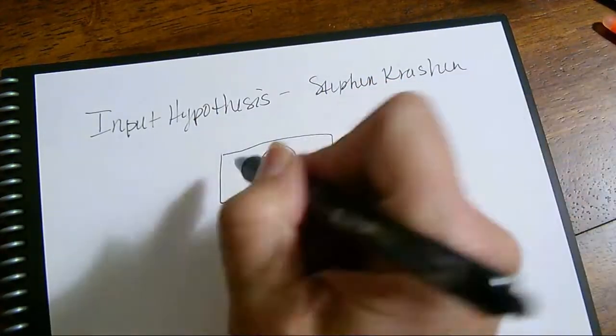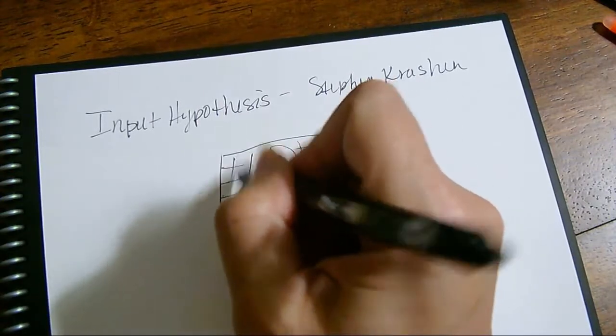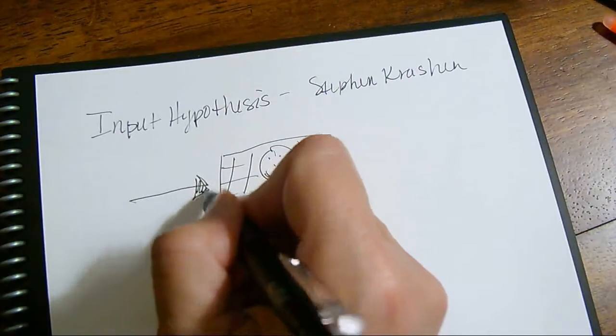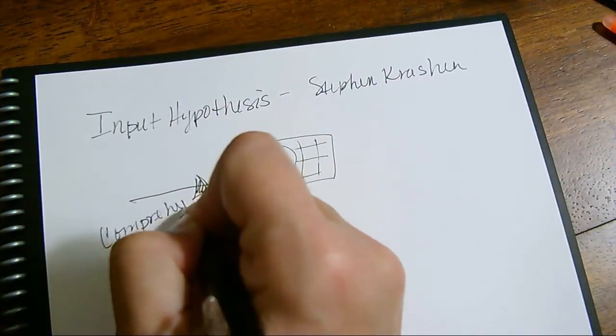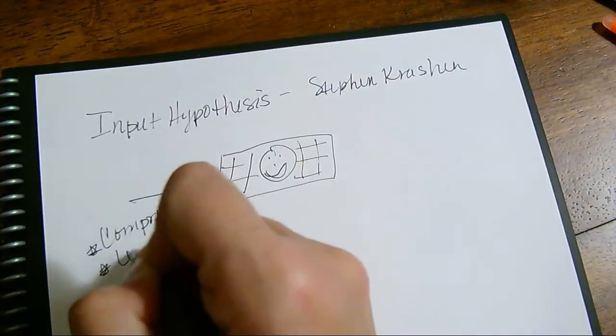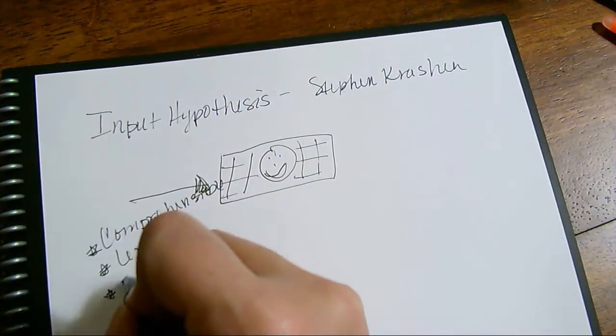Okay, and we're going to think of the student as having multiple boxes in their brain. Okay. What goes into the student needs to be comprehensible, at their level, and meaningful.